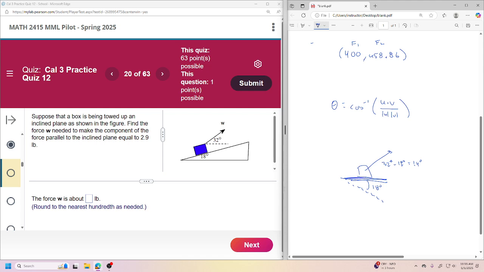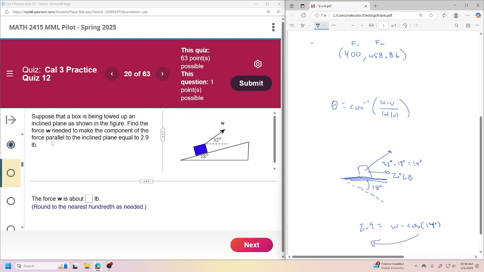Need to find the weight so that the component parallel is... oh, hold on. Find the force so that the force parallel to it is 2.9. So they're saying that this is 2.9 pounds. And so we're looking for, I believe, the cosine then. Am I right there? So 2.9 is equal to W times cosine of 14. And then I just divide.